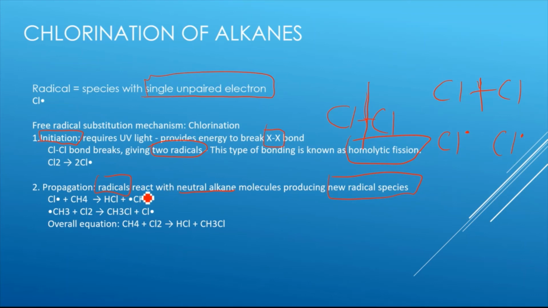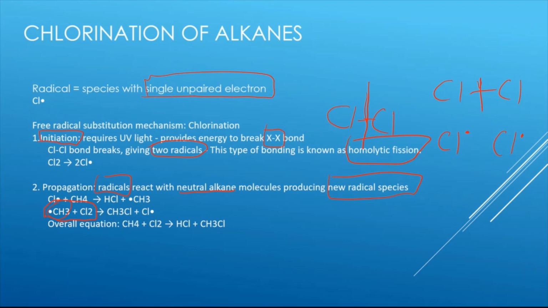So now what happens is that same radical, this CH3 radical, would react again with another chlorine molecule, and now this forms chloromethane.